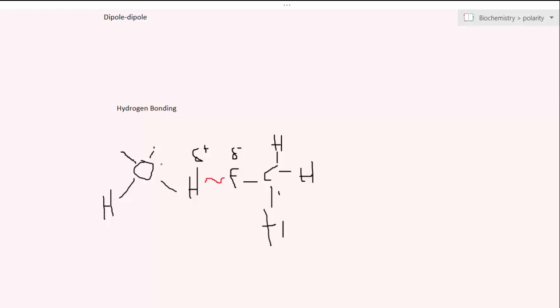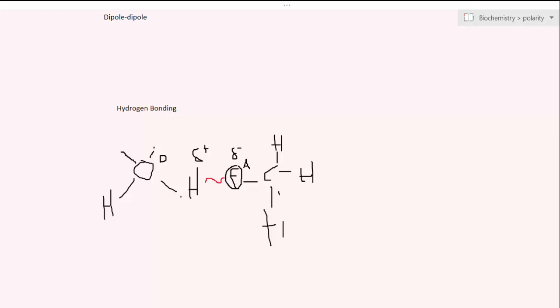This one is called the donor, the hydrogen bond donor, since it is donating its hydrogen. And this one is accepting the hydrogen. So this is an acceptor, a hydrogen bond acceptor, and this is a hydrogen bond donor, D.